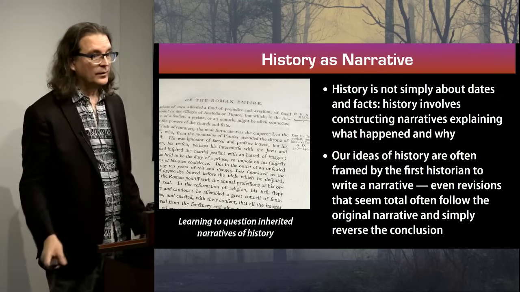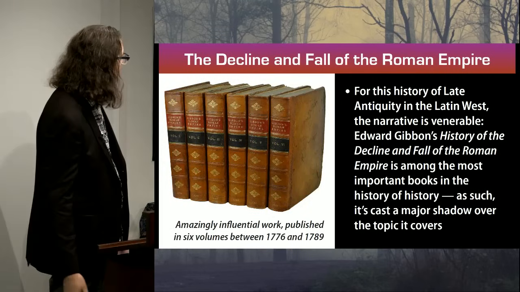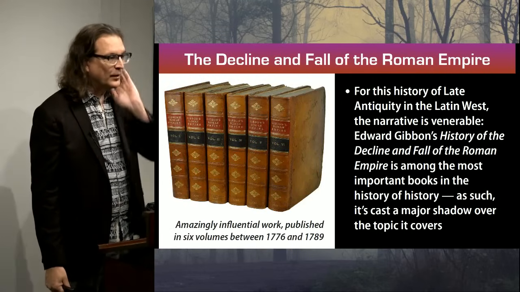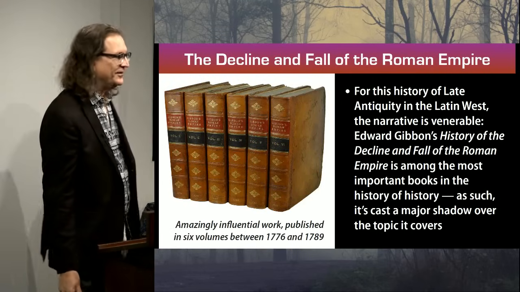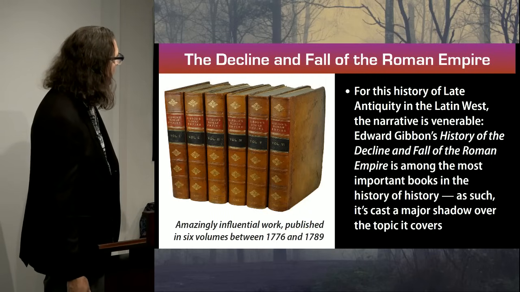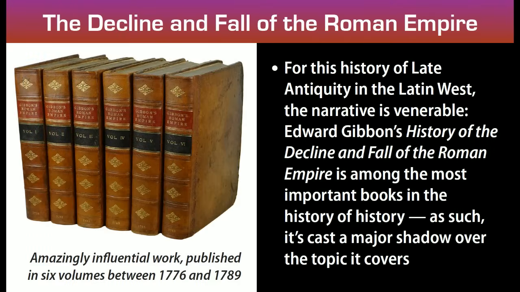Likewise here, in terms of this framework we have of the decline and fall of the Roman Empire, there is in fact a reason why that's our vantage, and that is because we have a very venerable historian who is at the beginning of this framework for us, Edward Gibbon, whose history of the decline and fall of the Roman Empire is also itself among the most important books in the history of history.